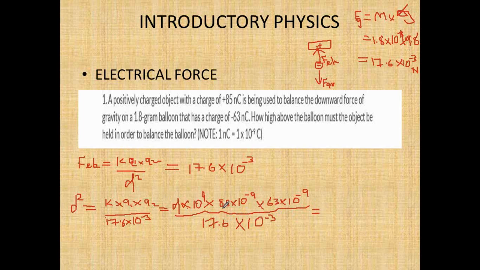We have 9 times 85 times 63. So on top you're going to have 48,195.